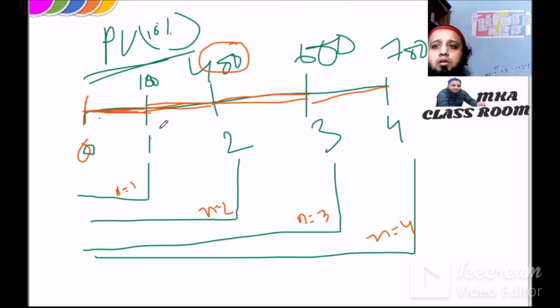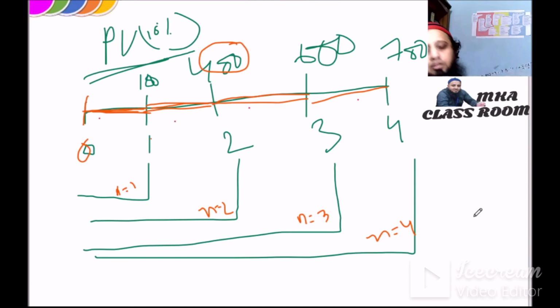So here 100 carries n equal to 0, 400 carries 1 to 0, 600 carries 2 to 1 and 1 to 0, and 700 carries 4 to 3, 3 to 2, 2 to 1, 1 to 0, that is n equal to 4.